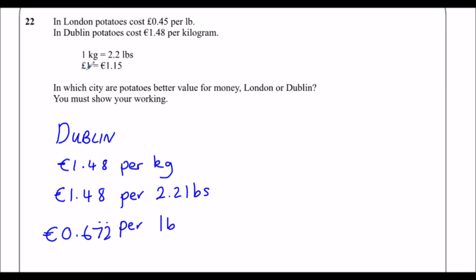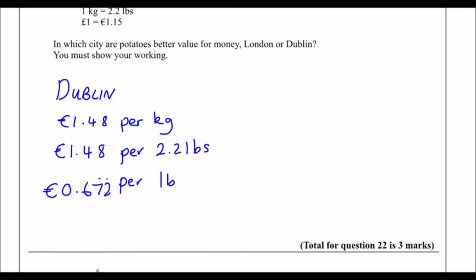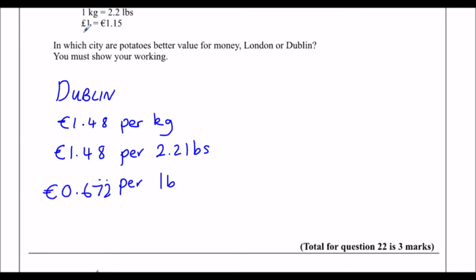And then I'm going to change it into pounds, money pounds. So to go from pounds to euros, we times by 1.15. Euros back to pounds, divide 1.15. So I'm going to divide the answer by 1.15. And that gives us, so we're in pounds now, to 2 decimal places because it's money, 0.58498 and so on.